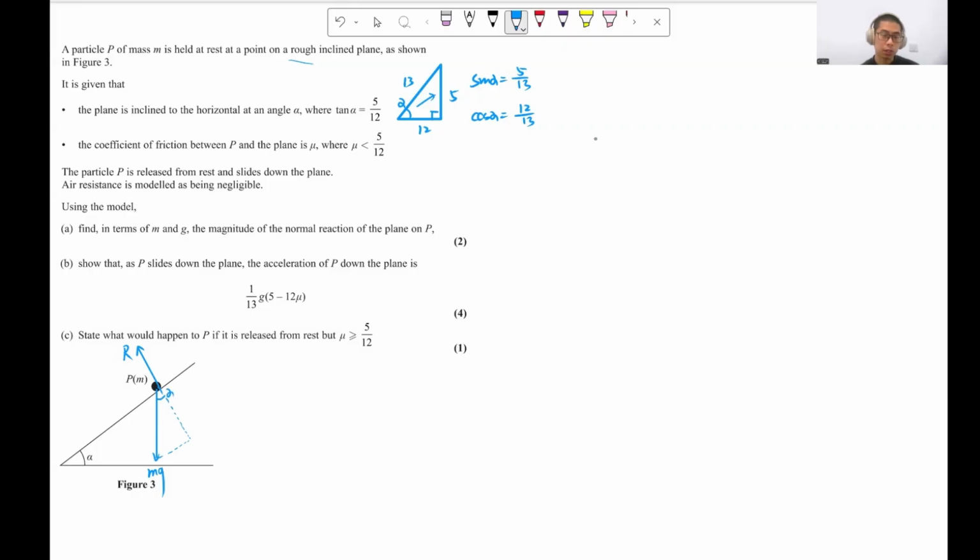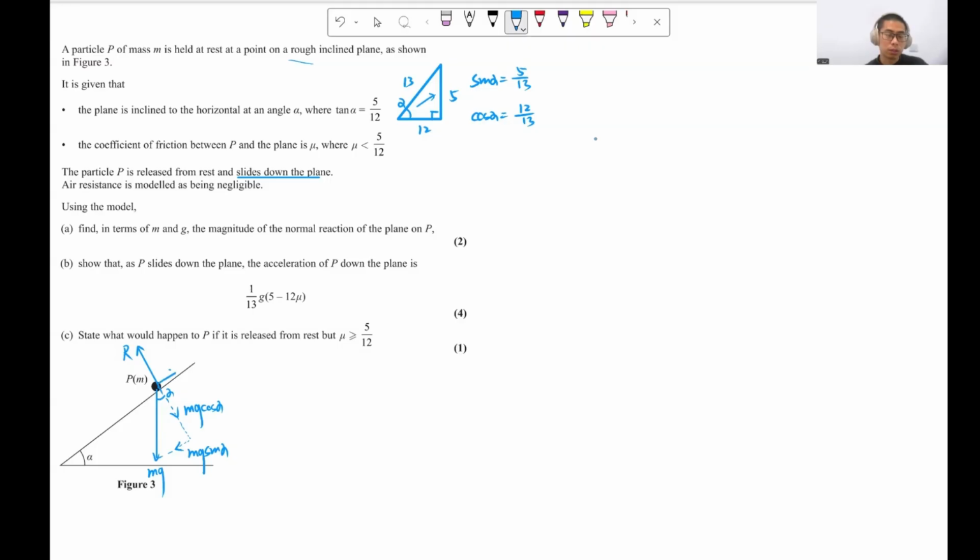So if this is alpha, then this has to be mg cos alpha, and this one would be mg sine alpha.